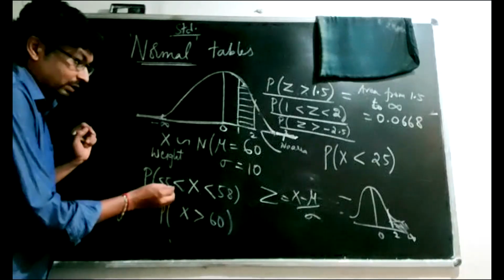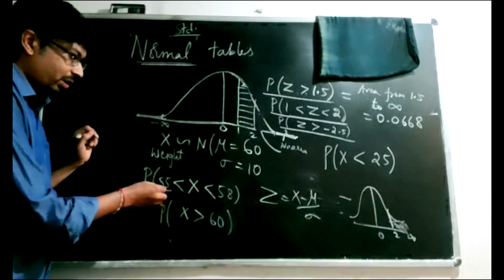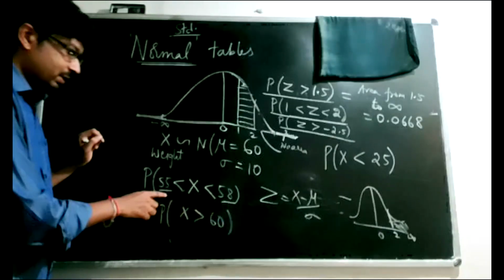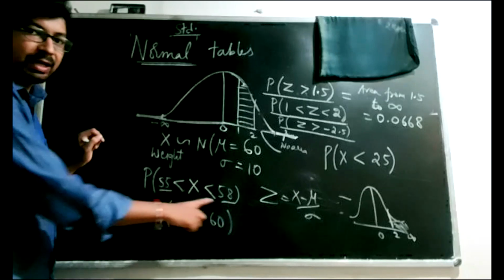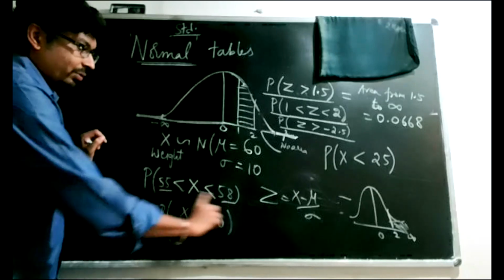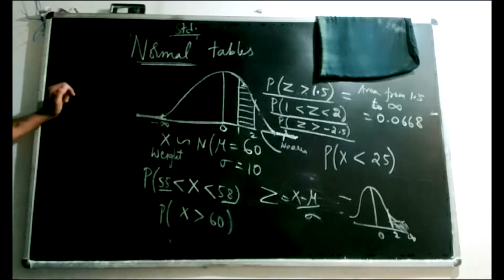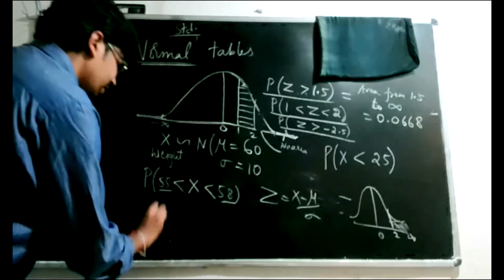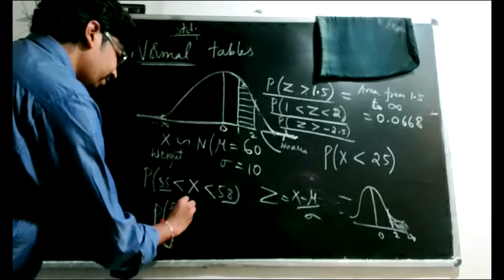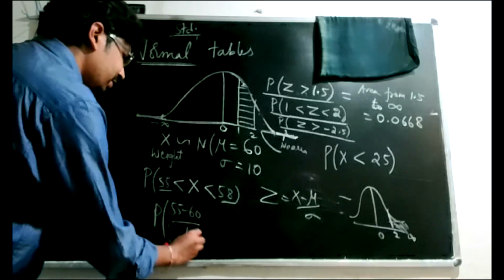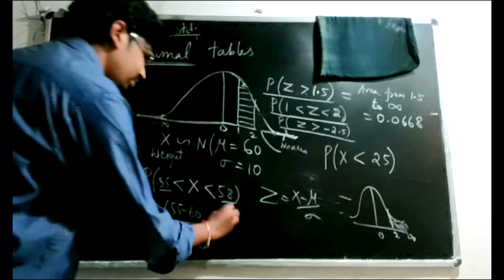Now here you are talking about a special value, say x is equal to 55, x is equal to 58, and you need the probability for the range from 55 to 58. So what you do is convert x into z.